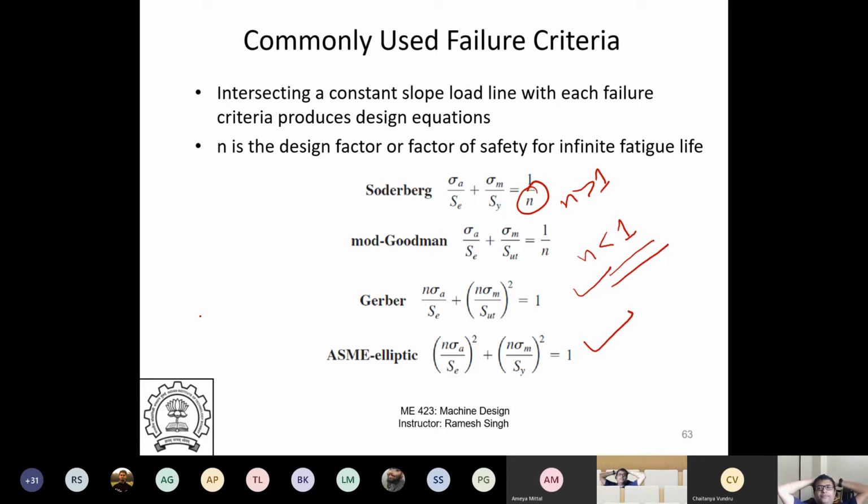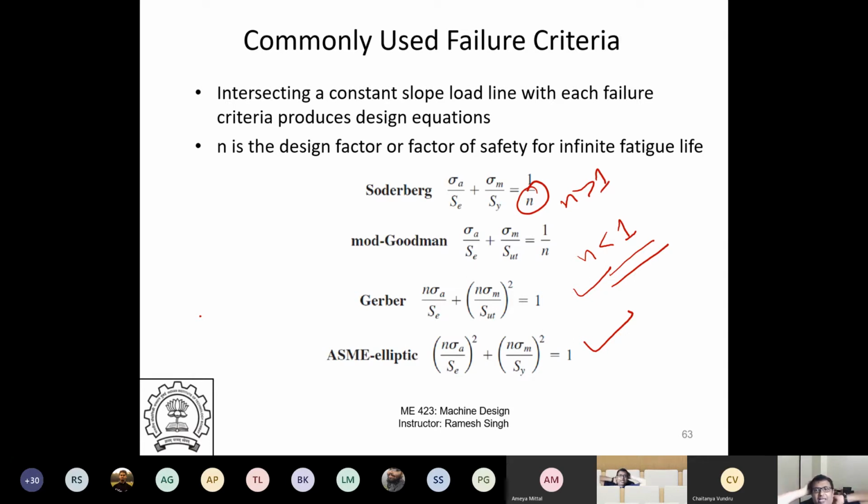Any answers? Somebody? Expect at least one answer. What does n less than 1 mean?